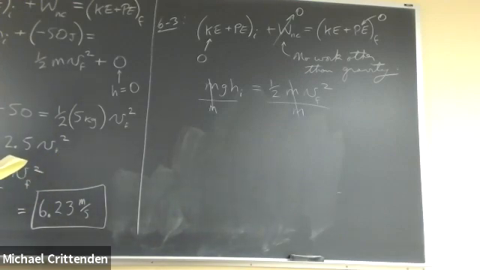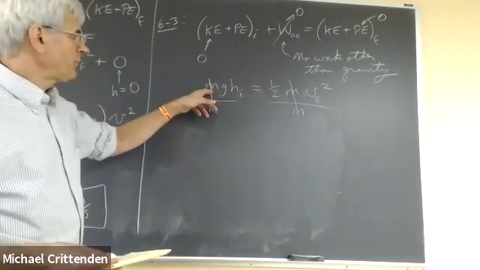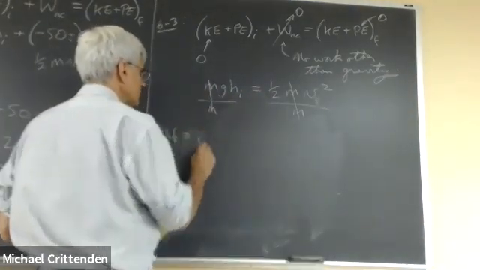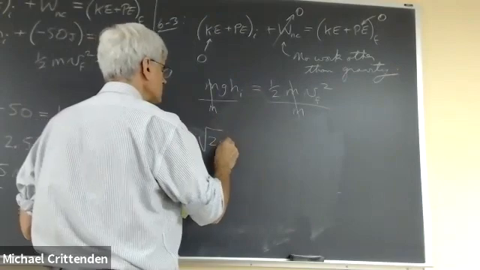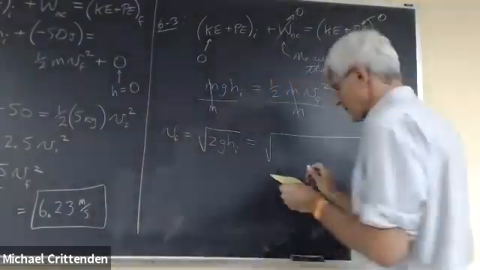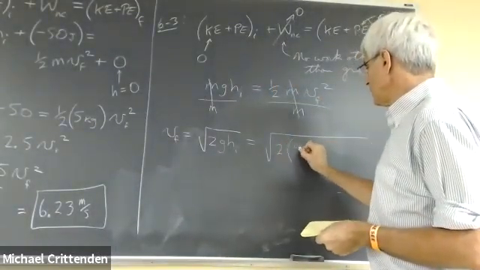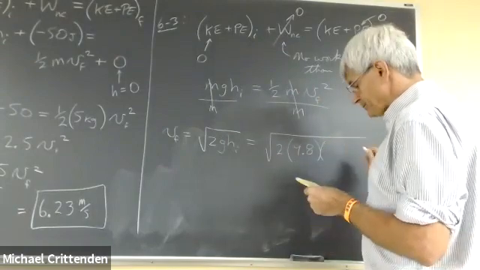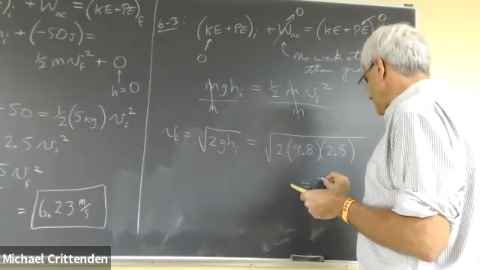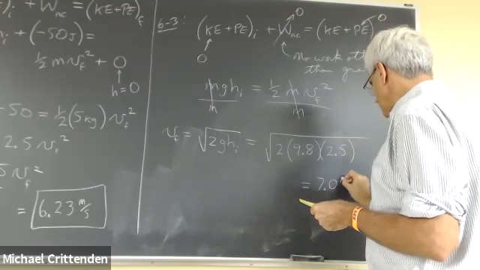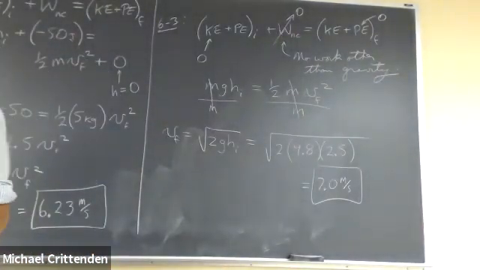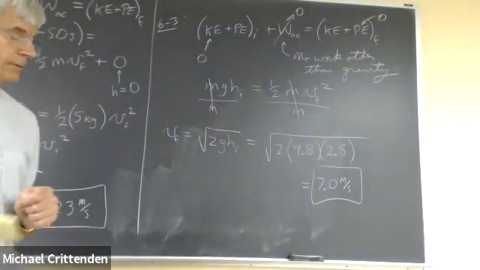So to solve for V final, multiply both sides by 2 and then take the square root. 9.8 for g, 2.5 for the distance that it falls. This thing hits the street at 7 meters per second.